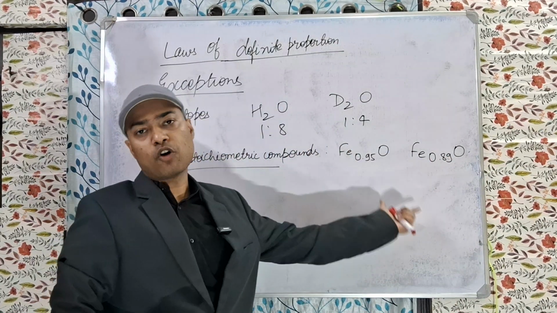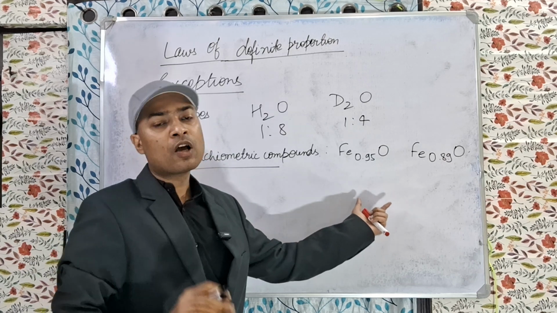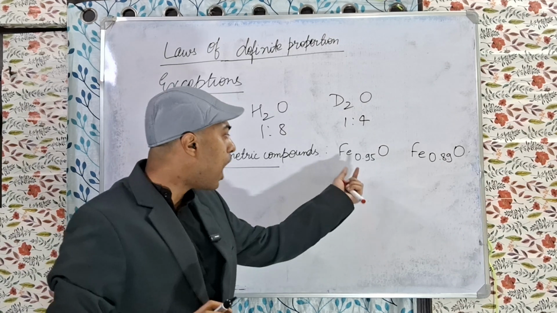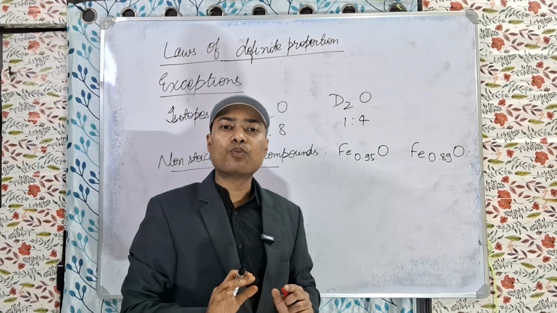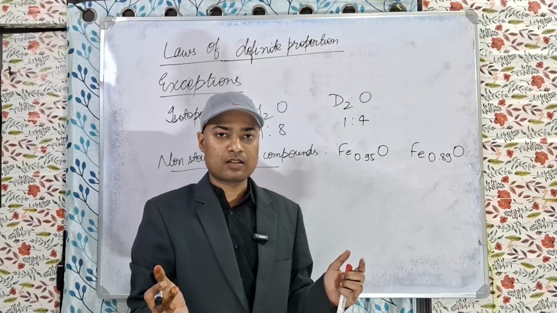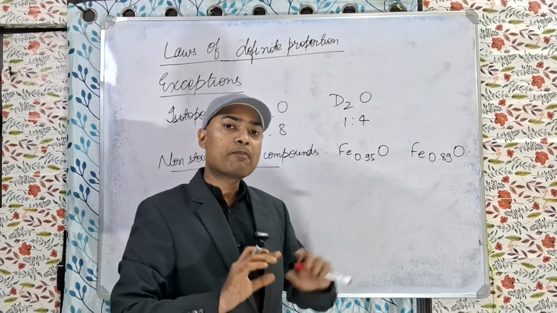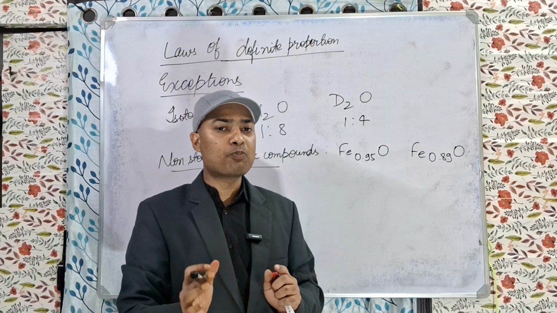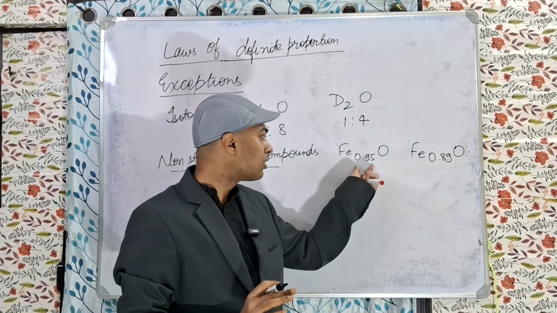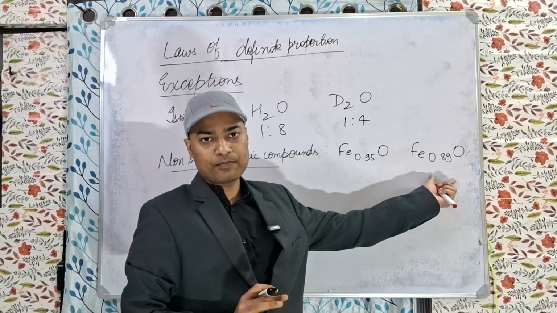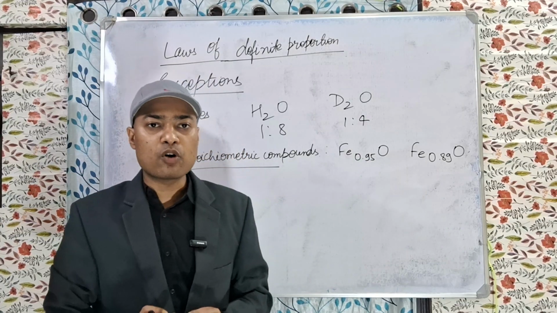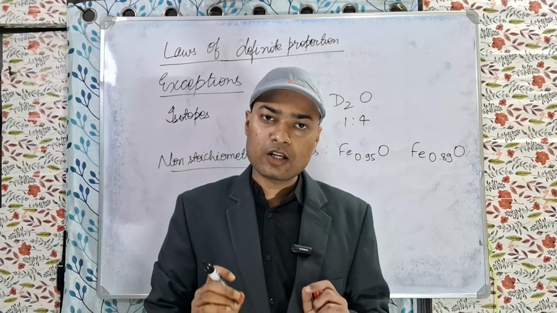So this is not fixed, that is why it does not follow the law of definite proportion. Now how does this happen? This happens when you have multiple oxidation states. So Fe2+ and Fe3+ both can be here. Depending upon the proportion of Fe2+ and Fe3+, this coefficient changes. So non-stoichiometric compounds do not follow the law of definite proportion.